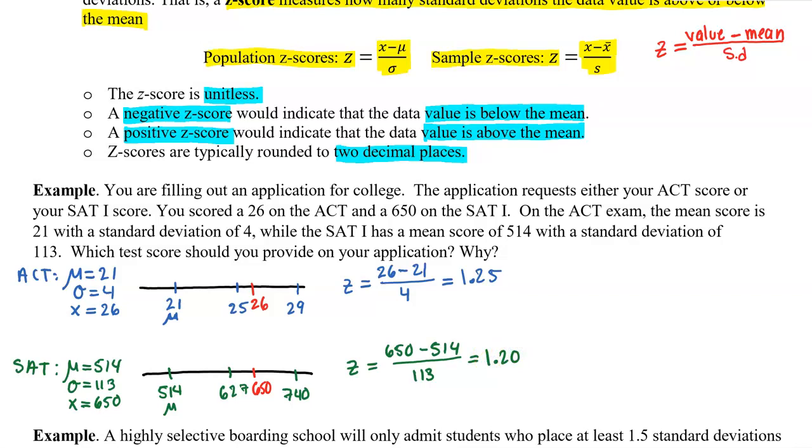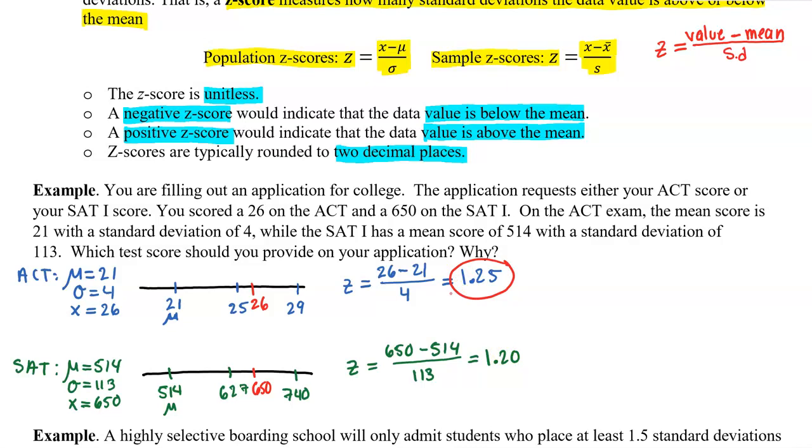So as we can see, the ACT score of 26 is 1.25 standard deviations above the mean, whereas the SAT of 650 is only 1.20 standard deviations above the mean. So here the ACT score of 26 is farther above the mean, and therefore it's a better score.